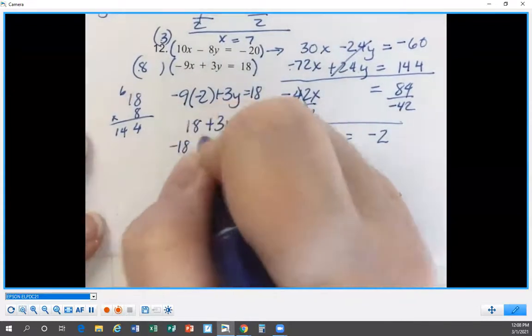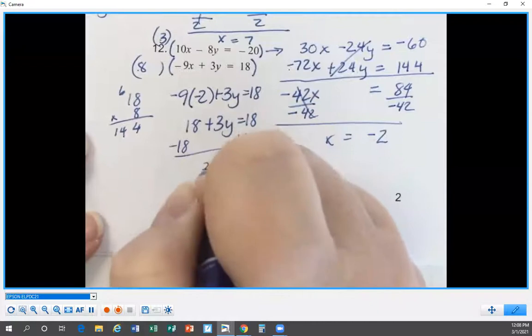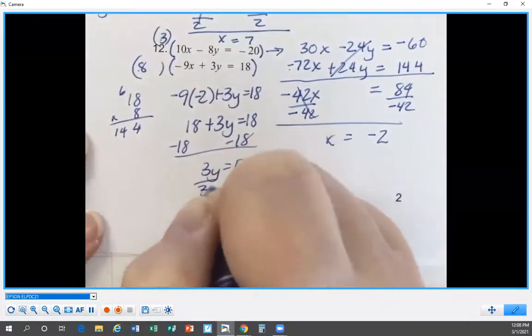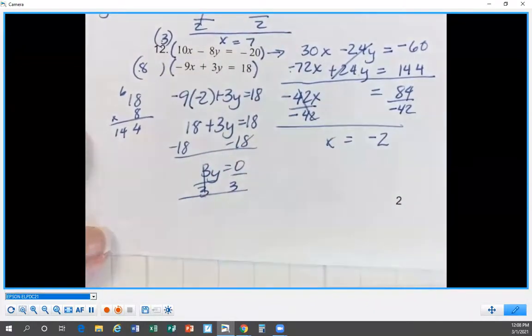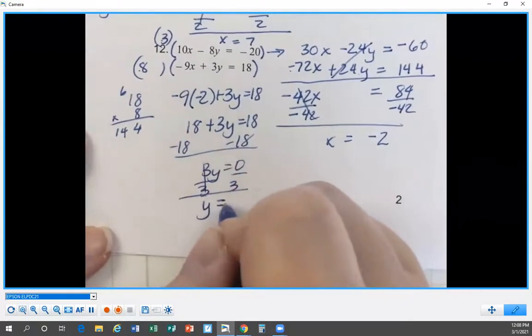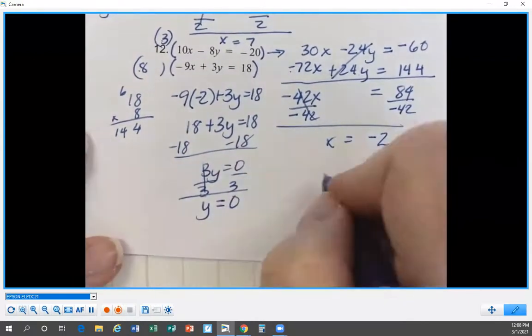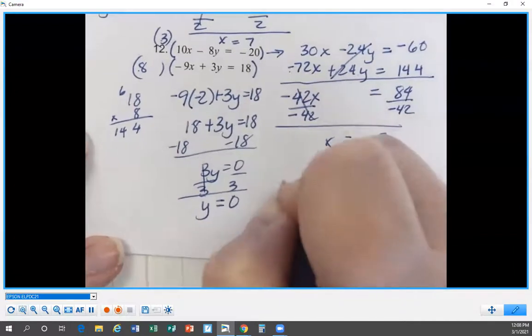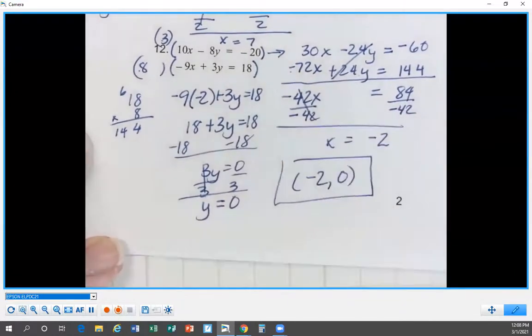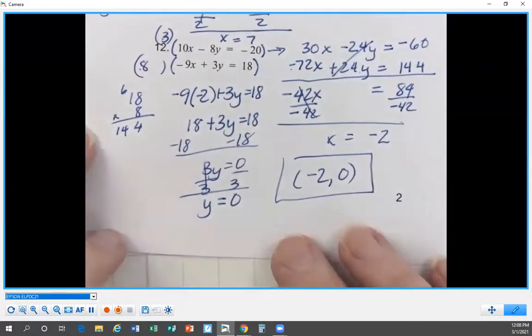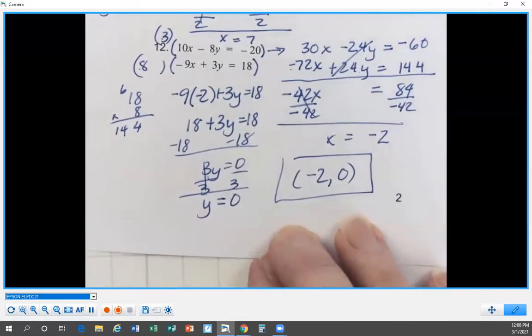Subtract 18 from each side. This gives us 3y equals 0. Divide each side by 3 to get y equals 0. So our solution is negative 2, 0. And we would plug that into each of the original equations to check for accuracy.